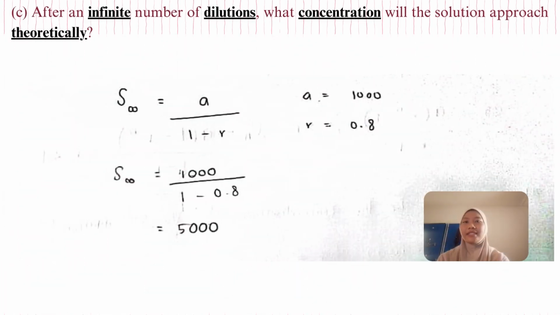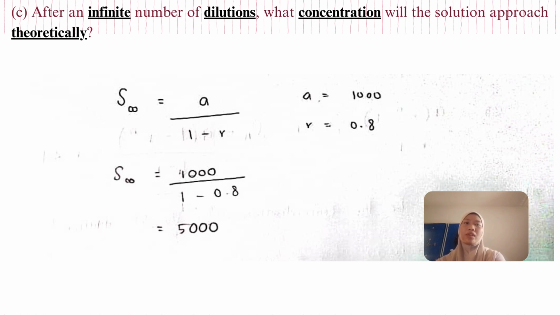Last but not least, after an infinite number of dilutions, what concentration will the solution approach theoretically? So the question wants us to find the sum to infinity, and the formula for this is S infinity equals A over 1 minus r.